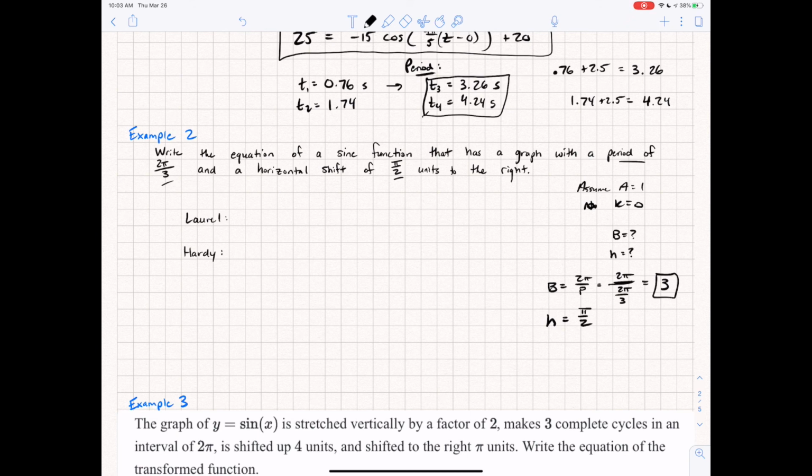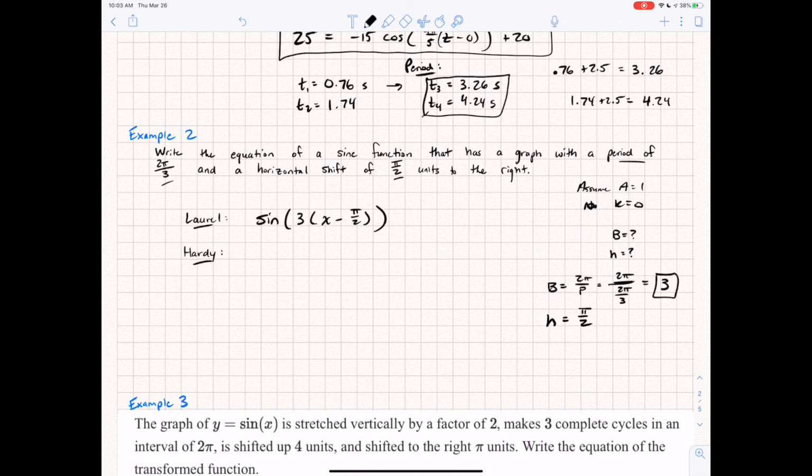All right, now you'll notice I have 2 different names here because there could be potentially 2 ways to write this. Laurel comes in and writes it like this. She says that the equation would be sine of 3 parentheses x minus pi over 2. This is how we've been writing it so far with the parentheses on the inside.